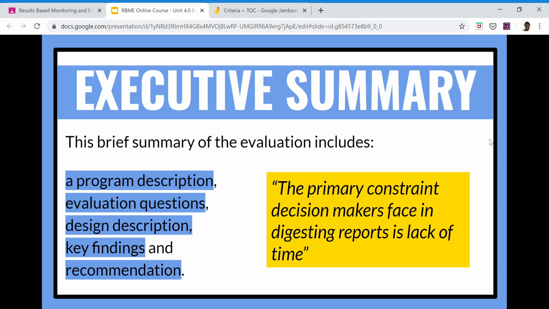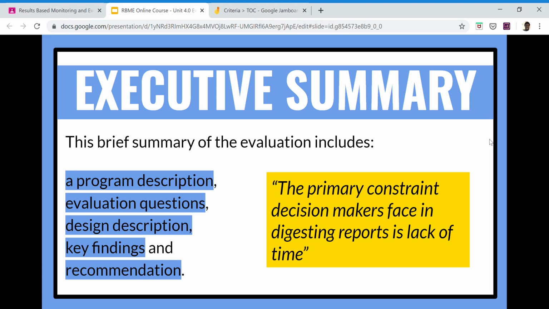What we found out is that the only place they would read is the executive summary, and you can ask yourself when last you actually read a 30-page report. Most times you pick the executive summary because you already know it's a summary, and that's why it's called an executive summary. It is for the executives to look at. So you have so many busy executives who would not be able to read a whole bunch of your reports.